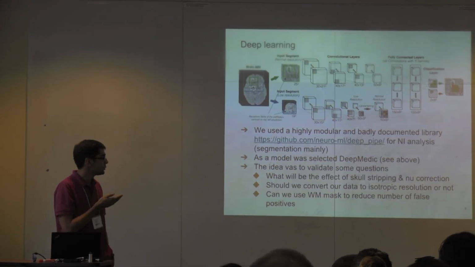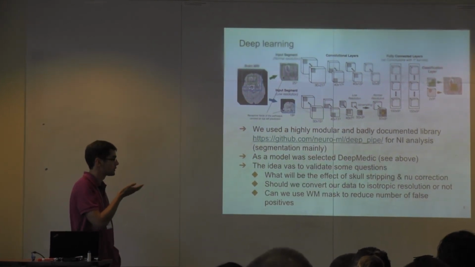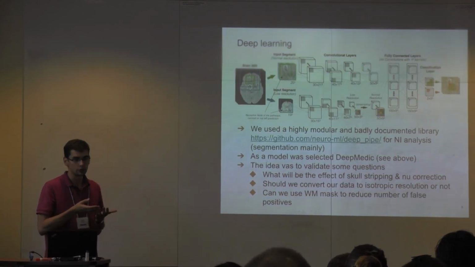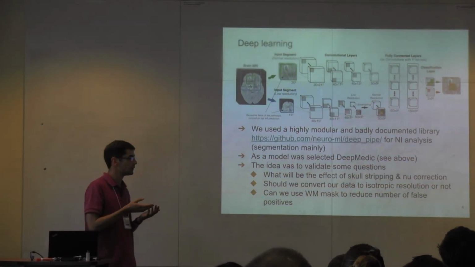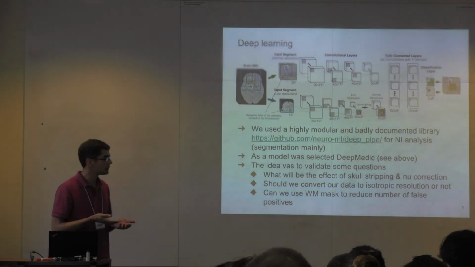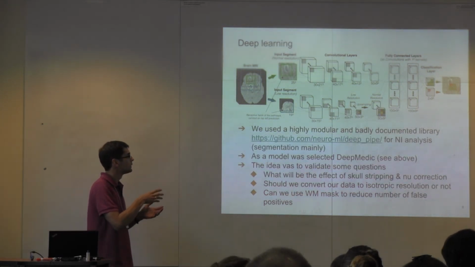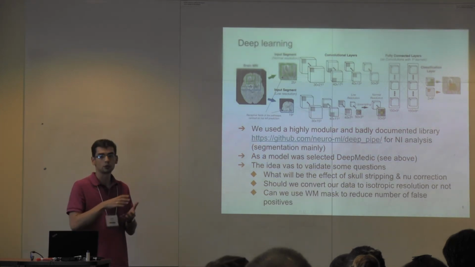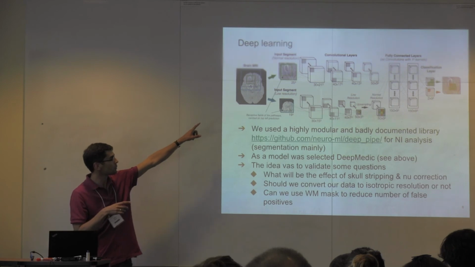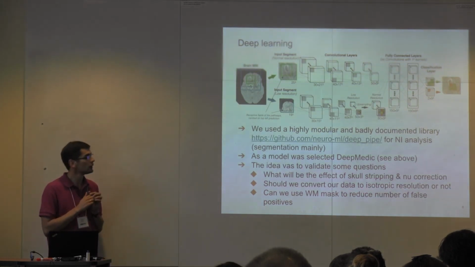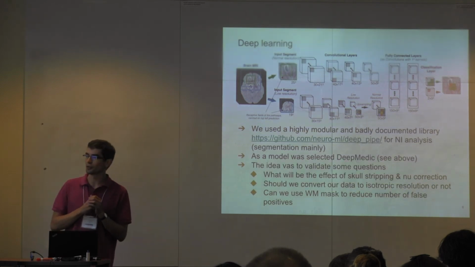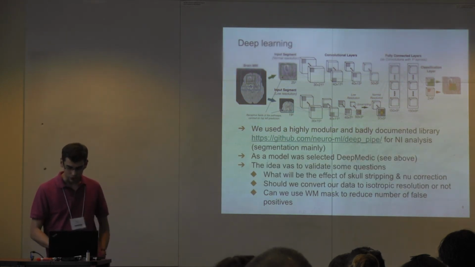The idea was to answer various questions, like if we perform skull stripping, does it lead to improved quality of segmentation, or should we use isotropic resolution, because these convolutional networks are kind of isotropic networks. So we had a lot of interesting research questions.